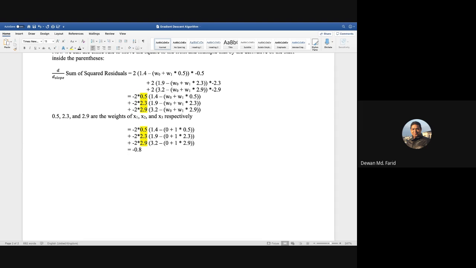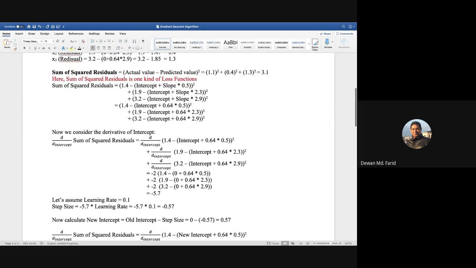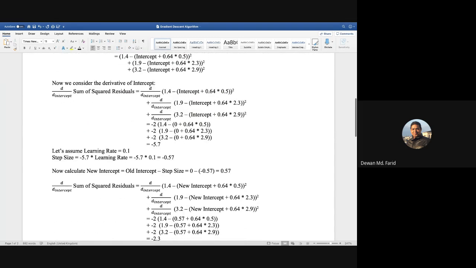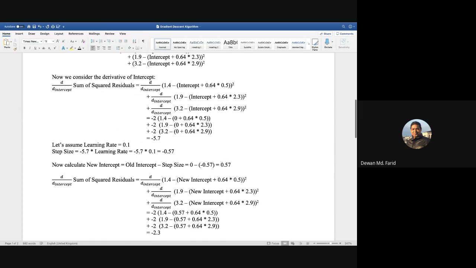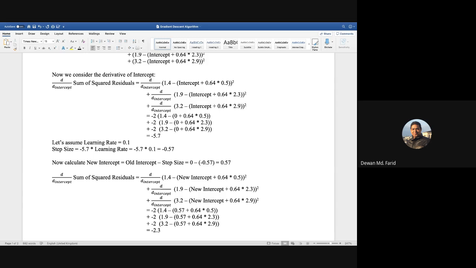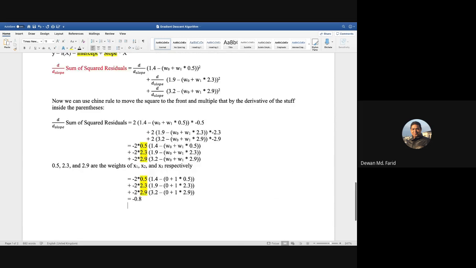So similarly, what we can do, we can find the step size now, right?